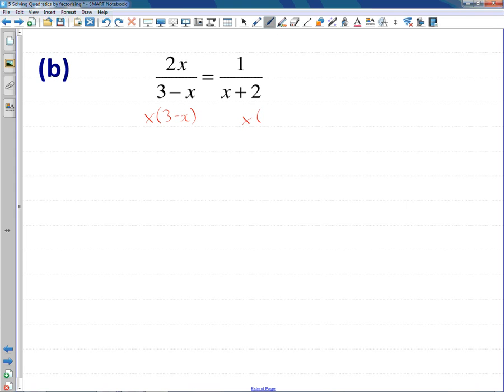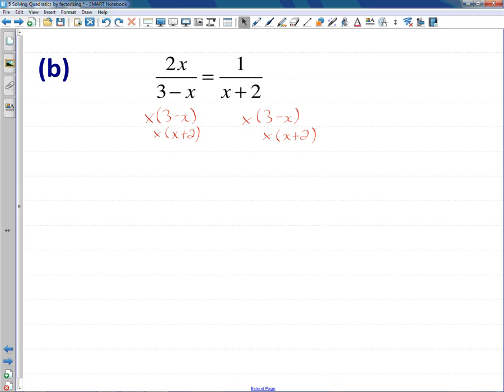In addition, if you wished to remove that from the denominator, we'd need to multiply that side also by x plus 2, which you can only do if you multiply the other side by x plus 2.